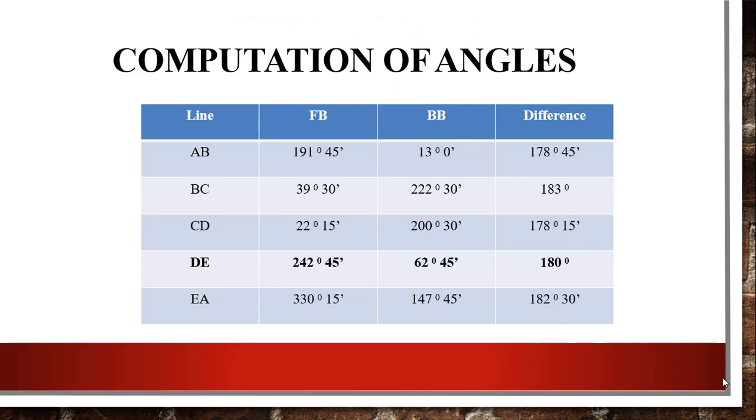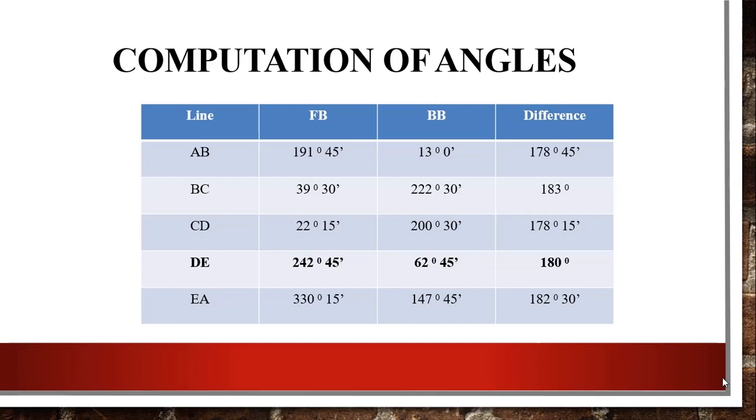Now, first of all you have to find out the difference of fore bearing and back bearing of a line. So for that you have to calculate the difference of FB and BB. For the line AB, the difference of forebearing and back bearing is obtained as 178 degree 45 minutes. For line BC, the difference is 183 degree, for CD the difference is 178 degree 15 minutes, for DE it is 180 degree, and for EA the difference of FB and BB is 182 degree 30 minutes.